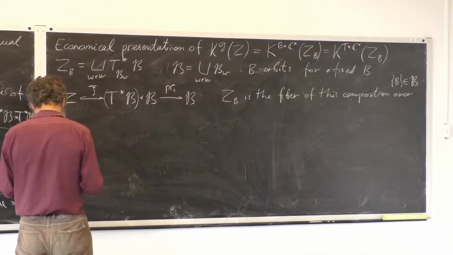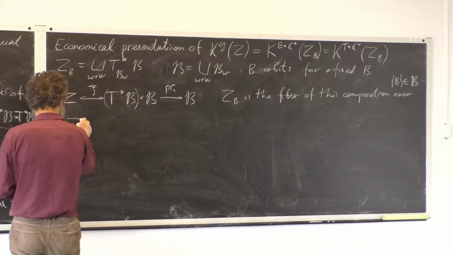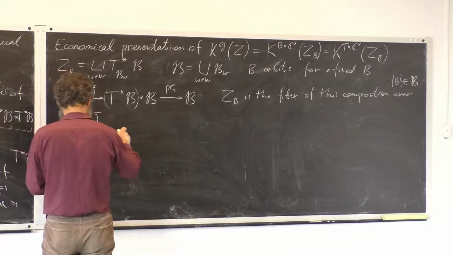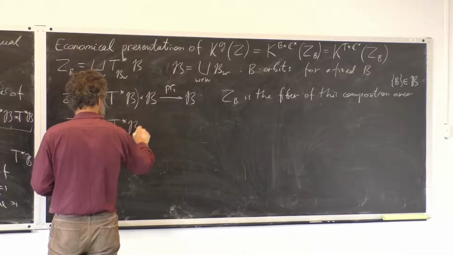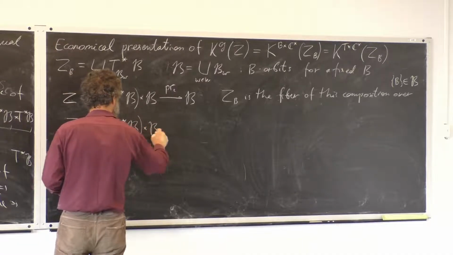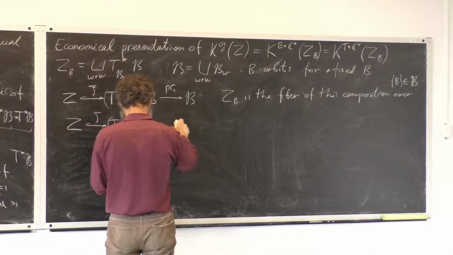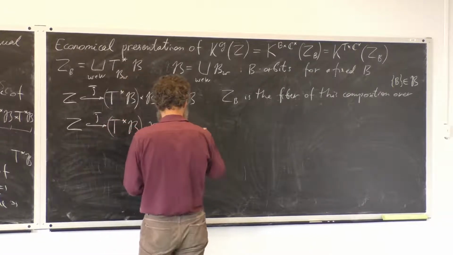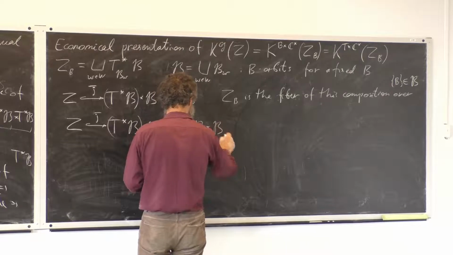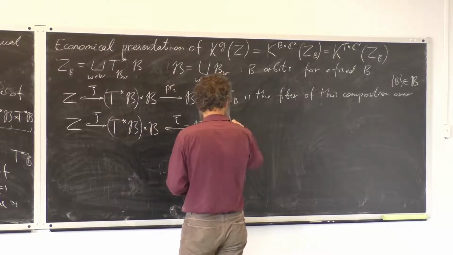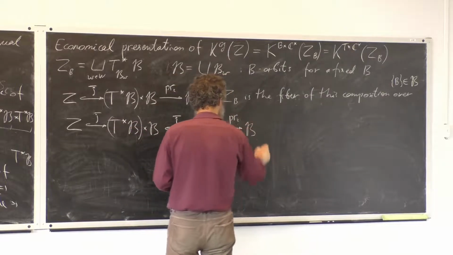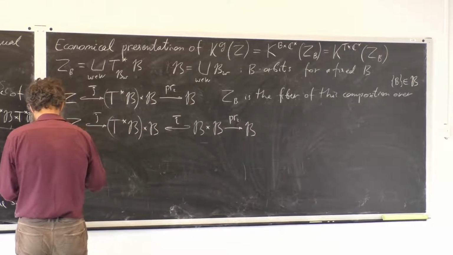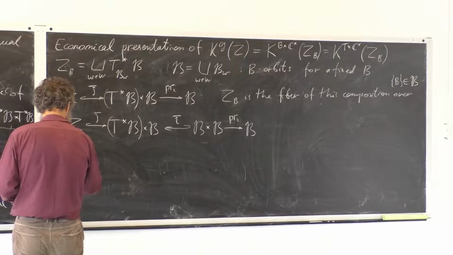Okay, so we have the following diagram. This embeds into this partial product. On the other hand, there is an embedding of the zero section here and a projection onto the flag variety. And here is an embedding of this economical version.